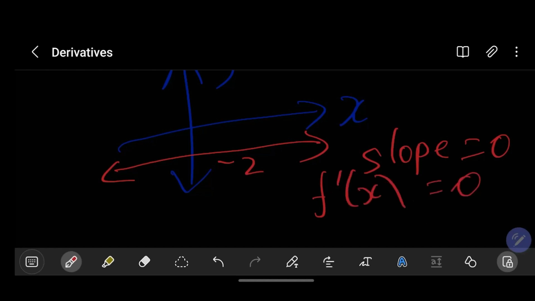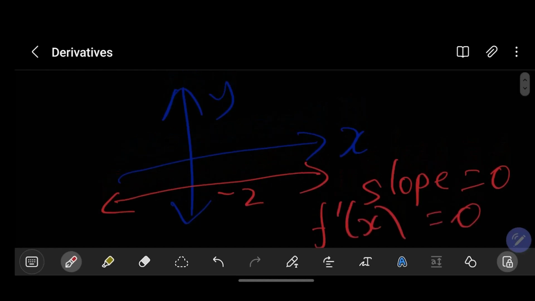So the derivative of -2 here is 0. That's basically what the derivative is. It's the rate of change with respect to a certain value, or we can look at it as the slope of f of x.